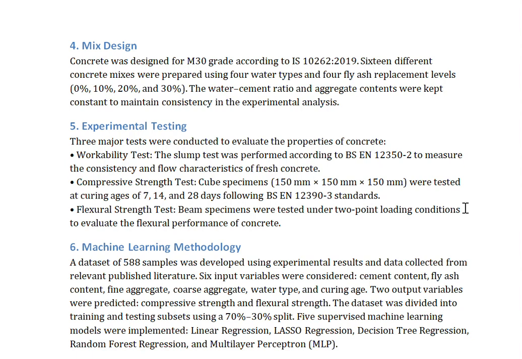Second, the compressive strength: cube specimens, cube size 150 mm by 150 mm by 150 mm, were tested at curing ages of 7, 14 and 28 days, also following the BS EN 12390-3 standard. In flexural strength, the beam specimens were tested under 2-point loading condition to evaluate the flexural performance of the concrete.